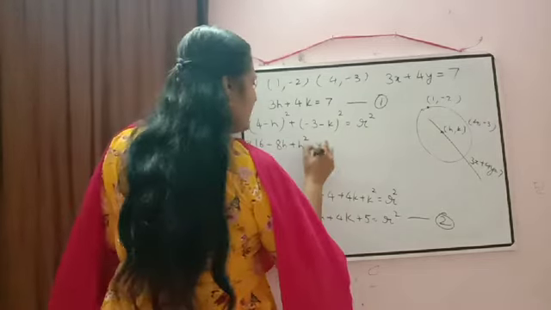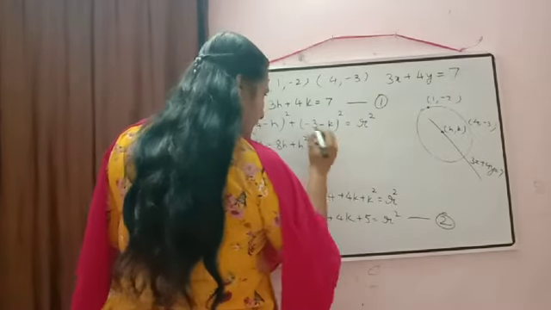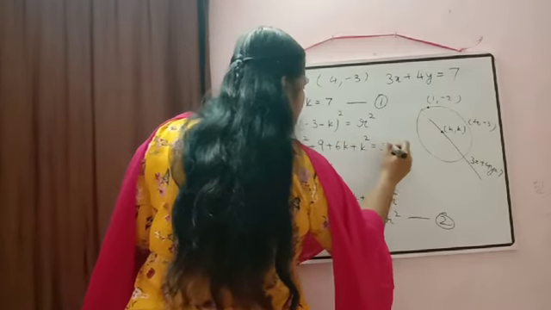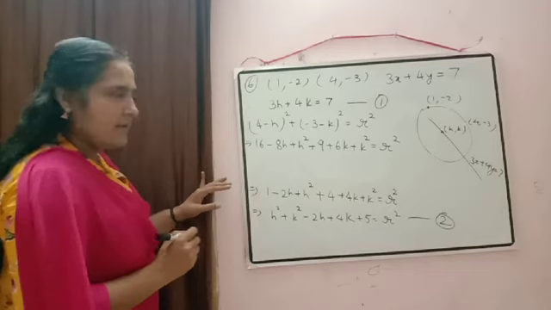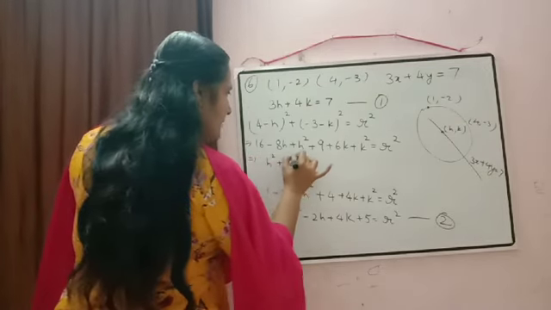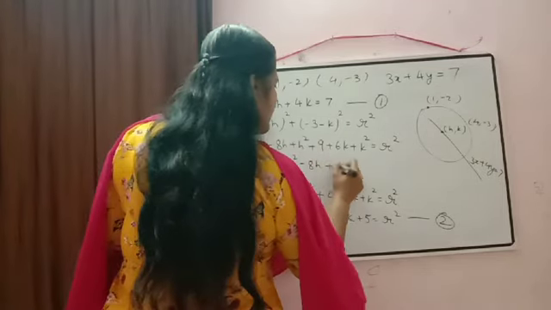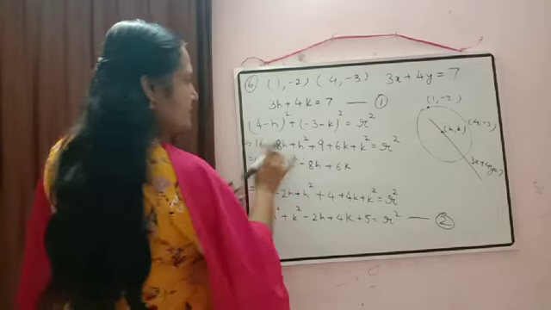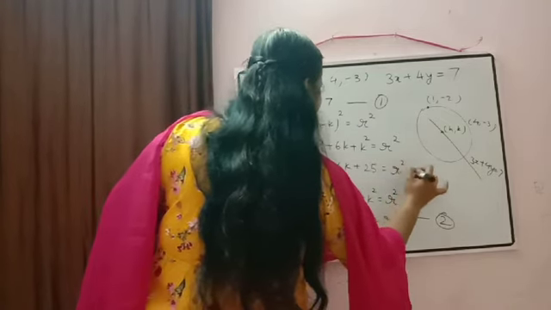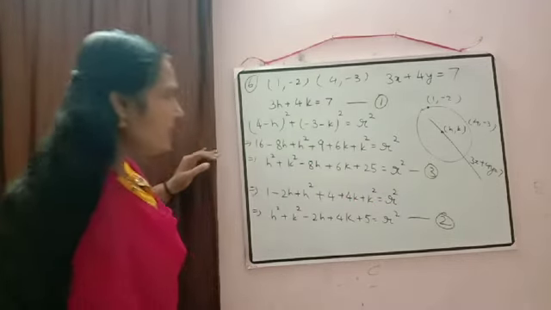Then here we use the identity (a plus b) the whole square, so 9 plus 6k plus k square is equal to r square. Rearranging, h square plus k square minus 8h plus 6k, plus 16 plus 9, which is 25, is equal to r square. This is equation 3. Equation 1 we already wrote.